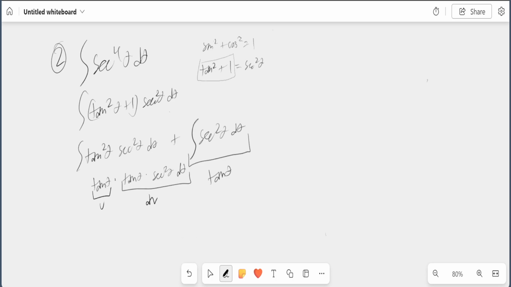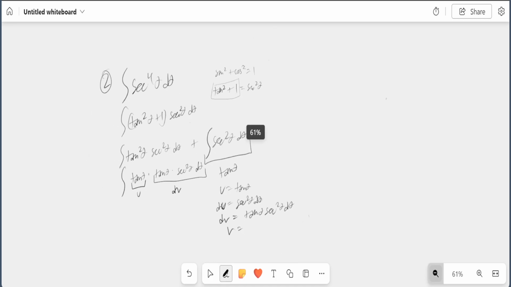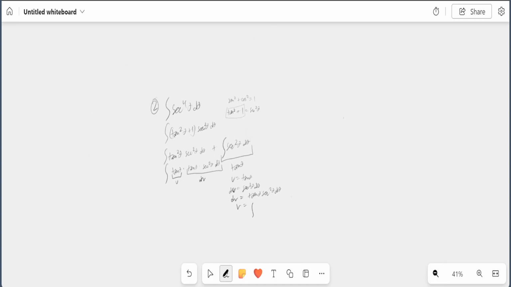Yeah. This is dv. And this is u. Okay. Well, if u is equal to tangent theta, then du is equal to secant squared theta d theta, and then dv is equal to tangent theta secant squared theta d theta. v is equal to, let me zoom out here, the integral of tangent theta secant squared theta d theta.